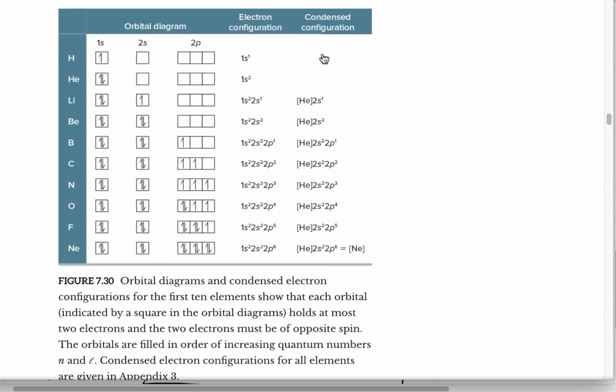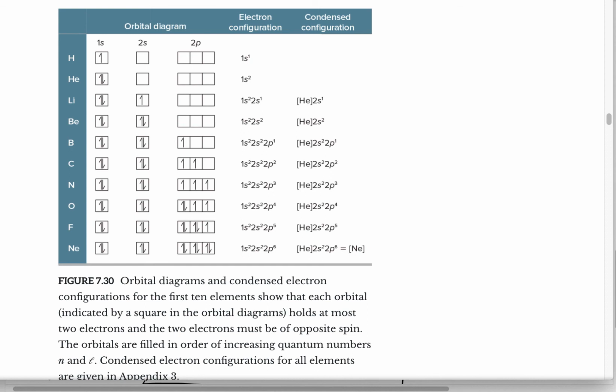So there's not a lot of purpose in worrying too much about some of the really later on exceptions to the rules. We're just going to go through the first row of transition metals where there are 2 exceptions to our quote-unquote rule for how things get organized into those orbitals. And otherwise, we are not really going to worry about some of the crazy electron configurations that come later on.